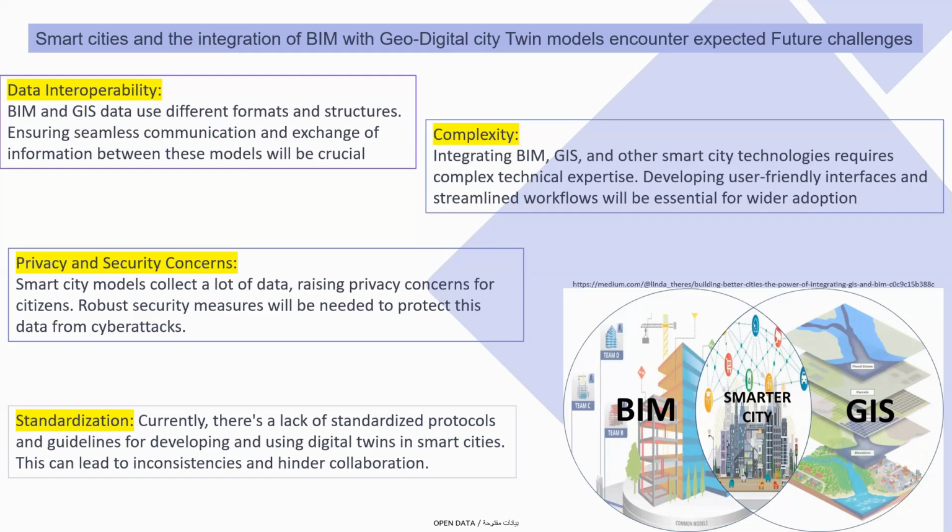There is a complexity part because of the different standards. Then privacy and security concerns: smart city models collect a lot of data, raising privacy concerns. These are things we need to deal with. Standardization.